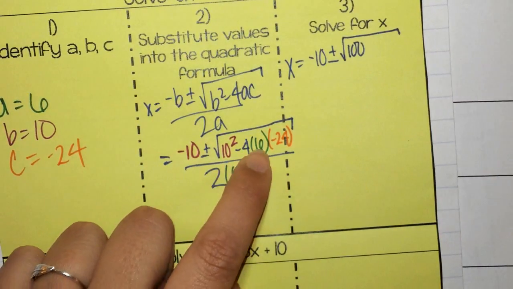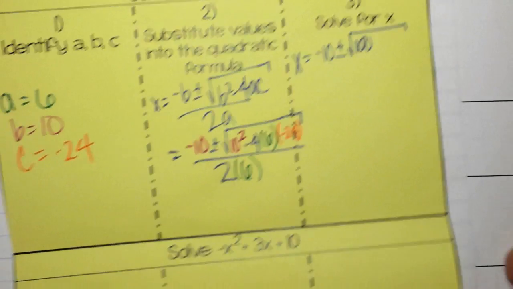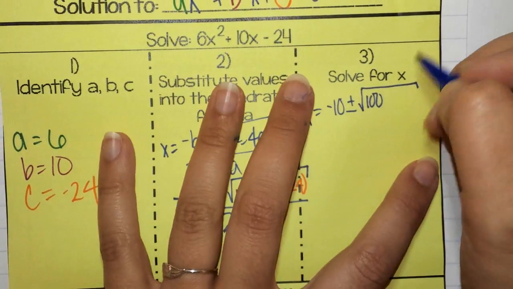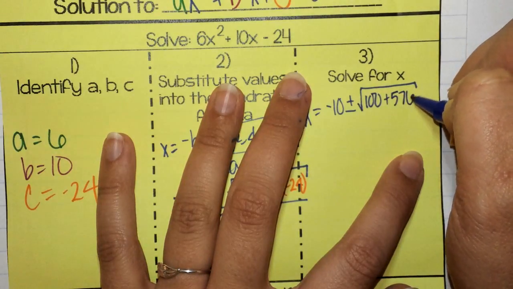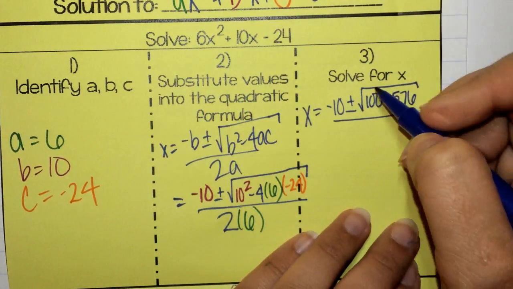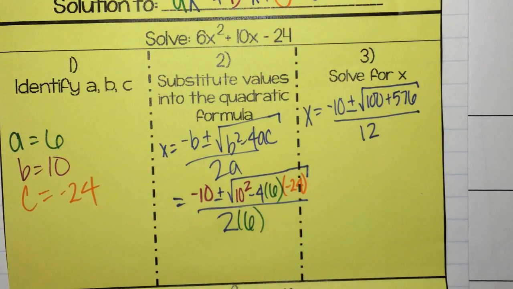All right, what's negative 4 times 6? Negative 24. And what's negative 24 times negative 24? It is positive 576. Does everybody see how I got that?